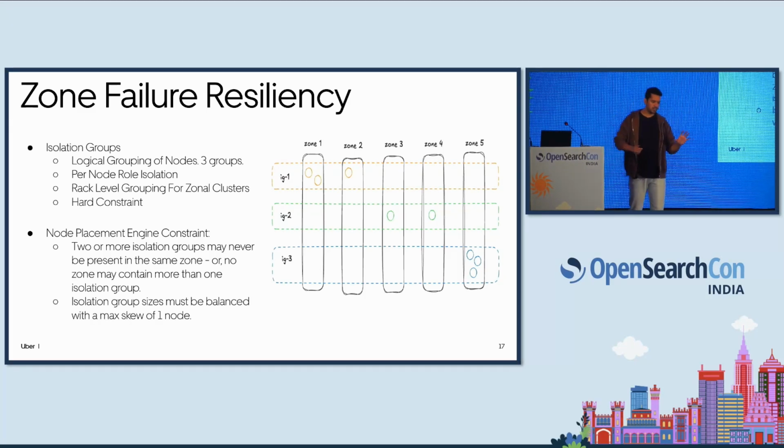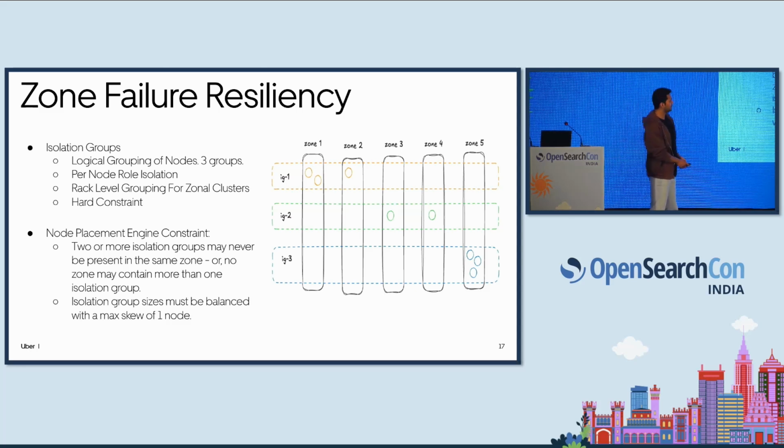Now what this means is that you want to assign your isolation groups to a node such that these 2 constraints are always met. So for example, in a cluster of 8 nodes, what you'll see in the diagram is that 3 nodes get assigned to isolation group 1, 2 to 2, and 3 to 3, which means the skew is never greater than 1.